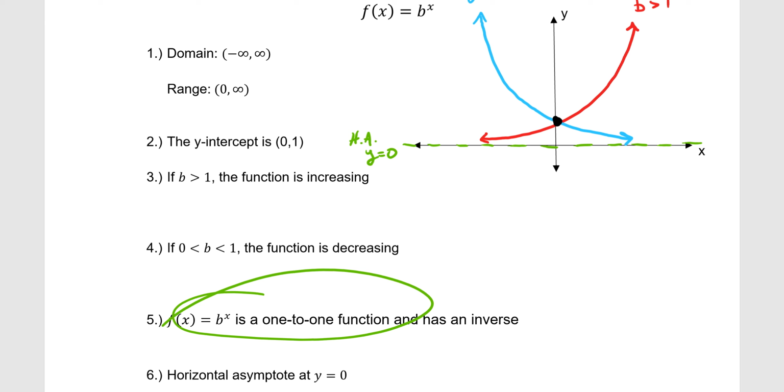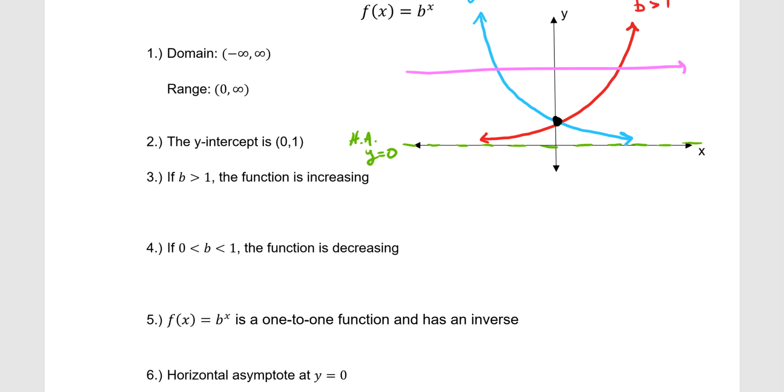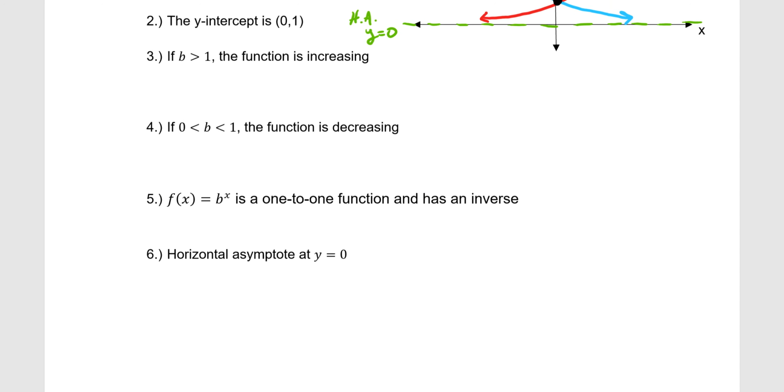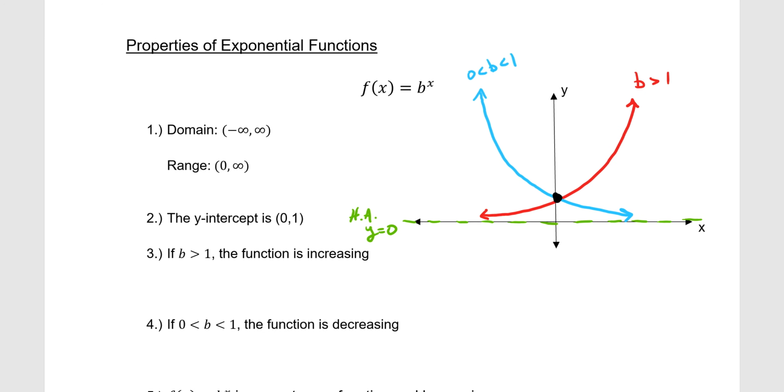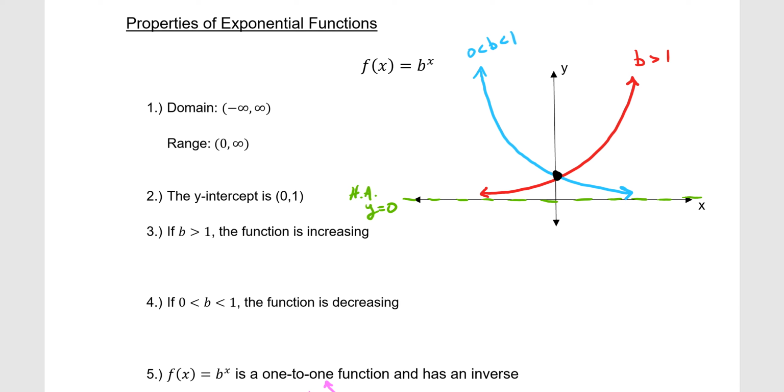And then for this one right here, it's a 1-to-1 function and has an inverse. 1-to-1 means we can draw a horizontal line anywhere, and it's only going to intersect the graph once. So it passes the horizontal line test, and that means it has an inverse function, which we're going to see, our logarithmic functions, in the next section. Okay, so that's kind of just a review for exponential functions, chapter 4.1.